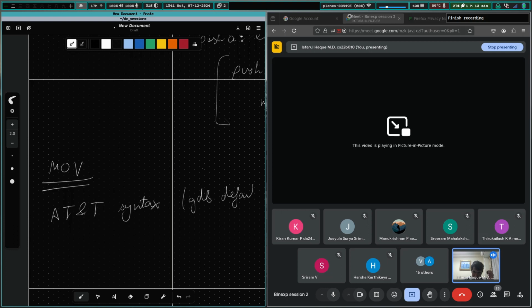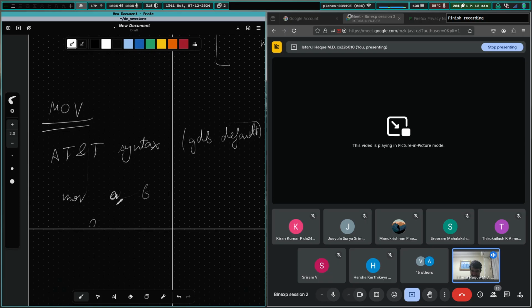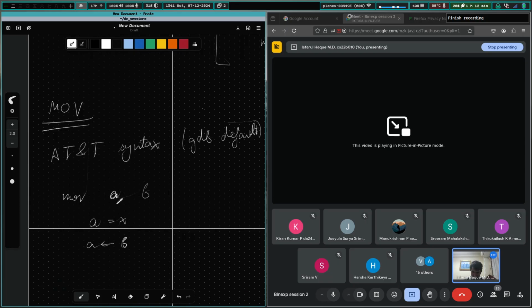What is GDB? We'll come to that. We'll hopefully use GDB in today's session as well. Now A has some initial value X. A gets the value of B. No, this is AT&T syntax. Intel syntax is the other way.